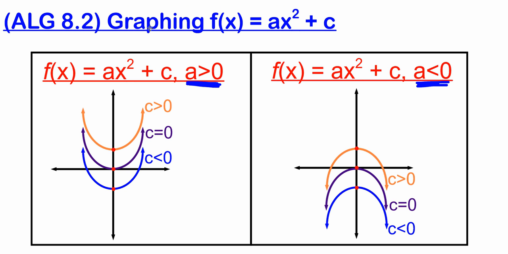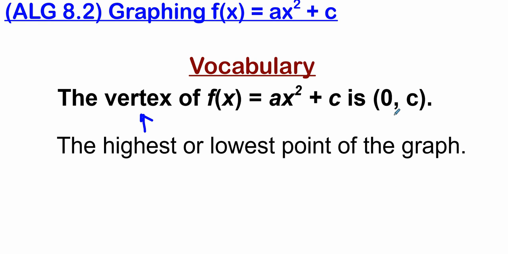So if you translate up c units, now your vertex is translated up c units, so it'd be (0, c). If you go down c units, then (0, c) is still going to be your vertex. In the previous section, 8.1, it was always at the origin, (0, 0). But today it could get translated up or down c units. So your vertex also gets moved c units. So (0, c) is the vertex.